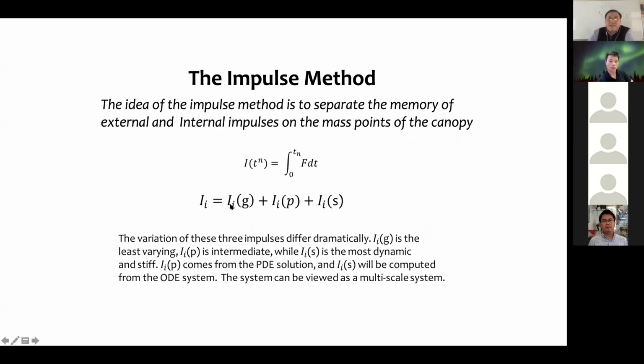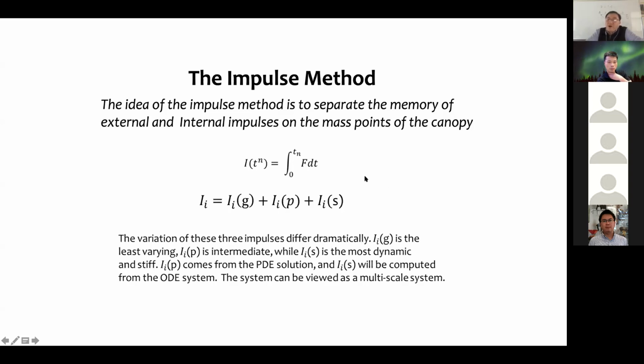The second thing that we need to implement for the parachute simulation is the fluid canopy coupling. And we use the so-called impulse method. That is, the mass point in the spring mass model or the fluid canopy receives 3 impulses.